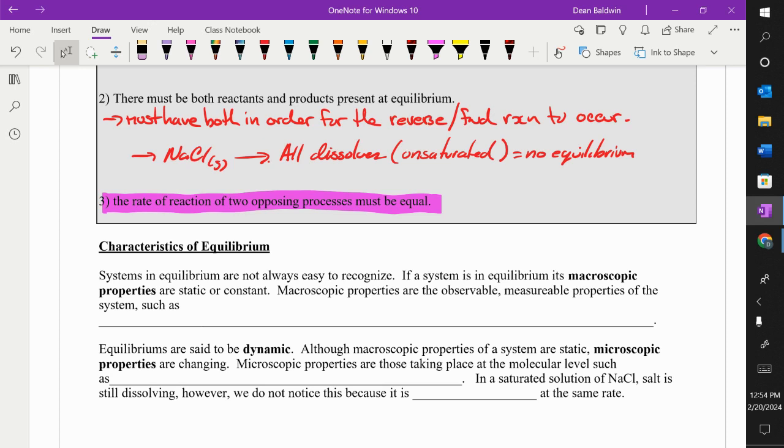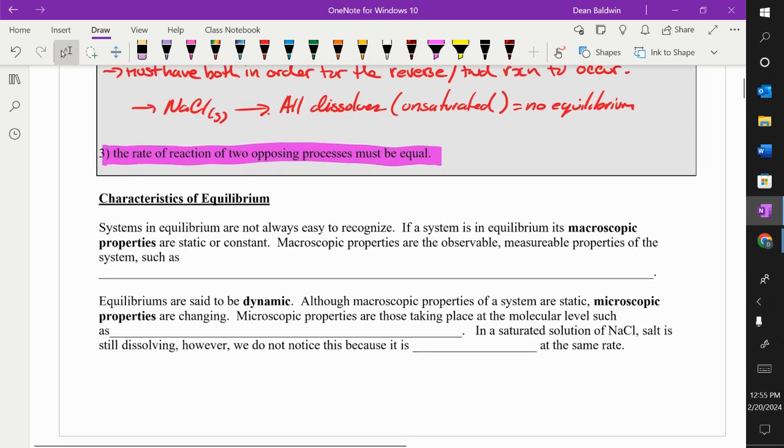Okay, so how can you tell if something's at equilibrium, or what's happening at equilibrium, I guess is a better way to say it. So the macroscopic properties, basically what you can see and measure easily, are constant. So what would be a macroscopic property? What's something you could see or measure easily in a system?